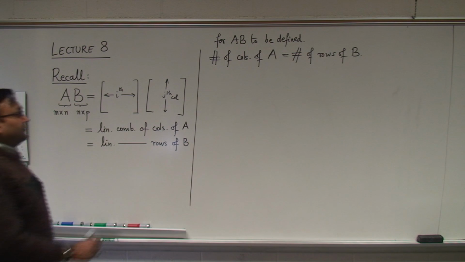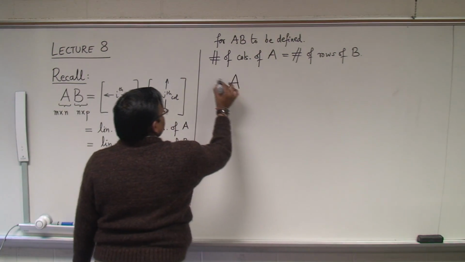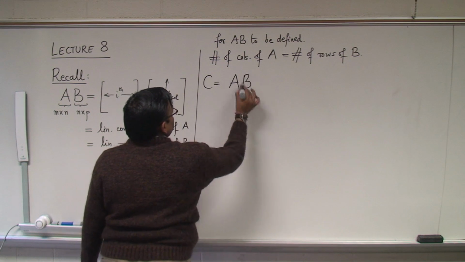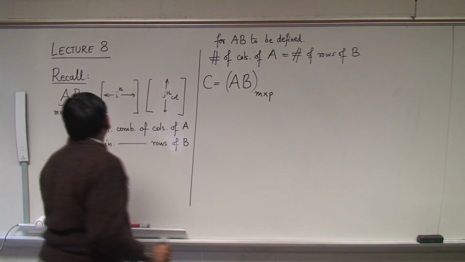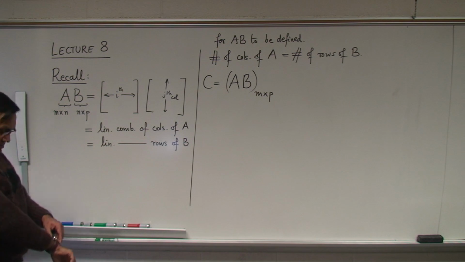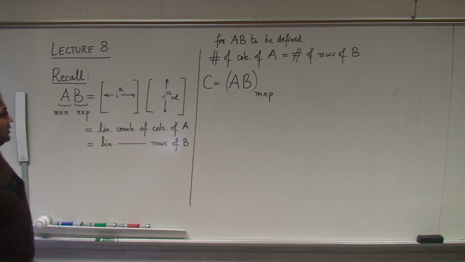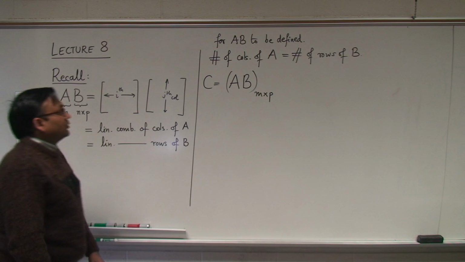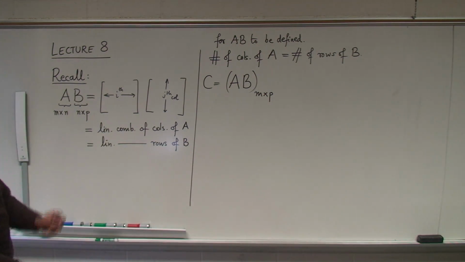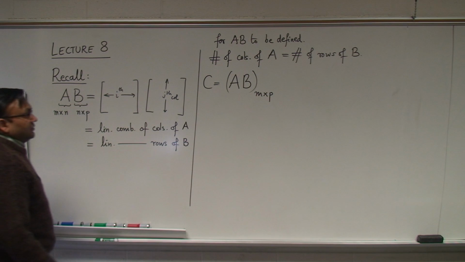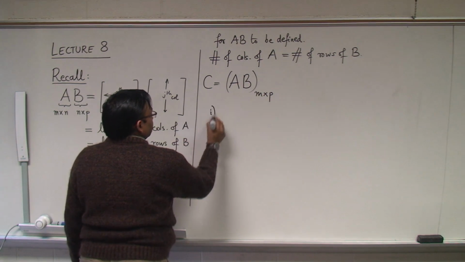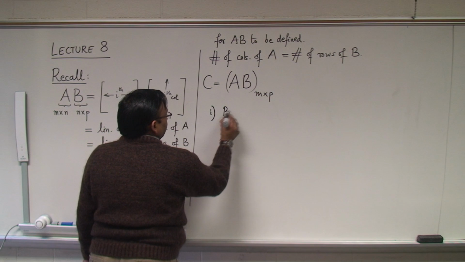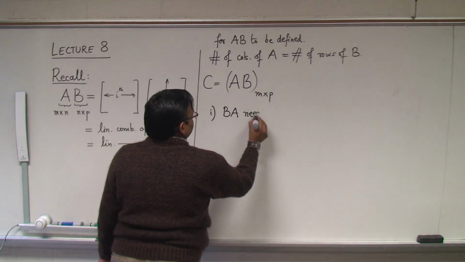So if this condition holds true, then the resulting matrix would be of size m by p, m rows and p columns, in which case we can talk about the product of the two matrices. Now the moment we see this, a thing comes to us immediately, that B times A need not be even defined.